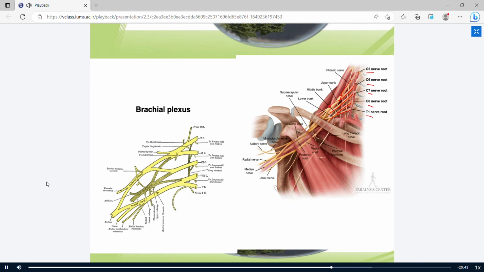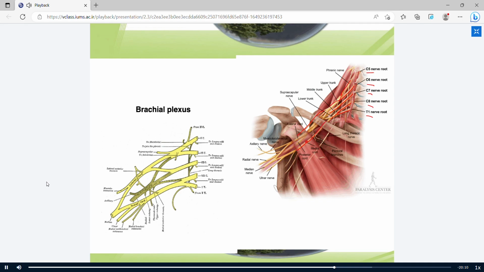After that, the upper, middle, and lower trunks divide into anterior and posterior divisions. The posterior divisions join together and form the posterior cord. The anterior divisions of the upper and middle trunks form the lateral cord, and the anterior division of the lower trunk forms the medial cord.